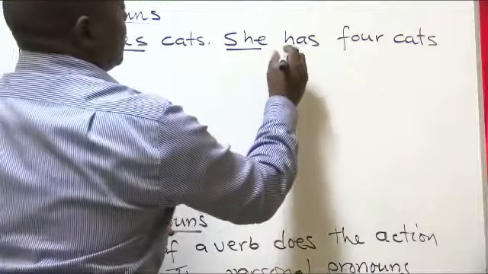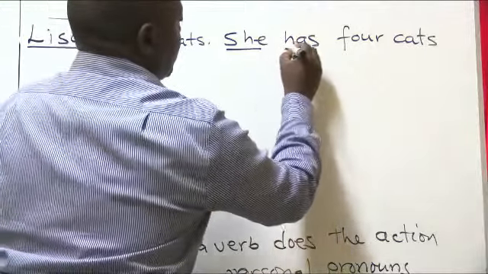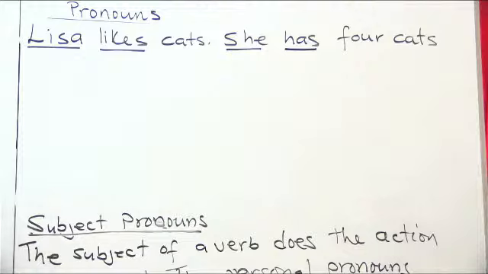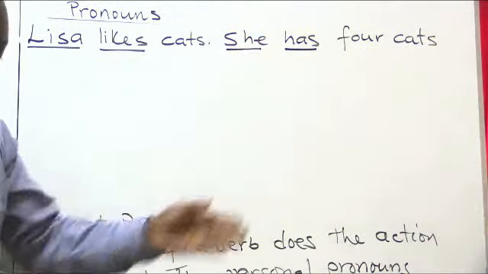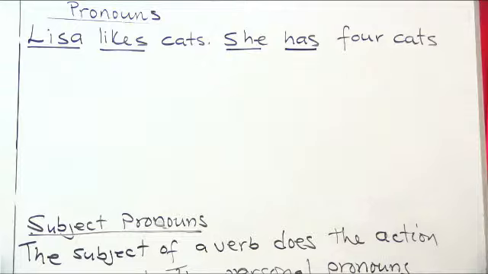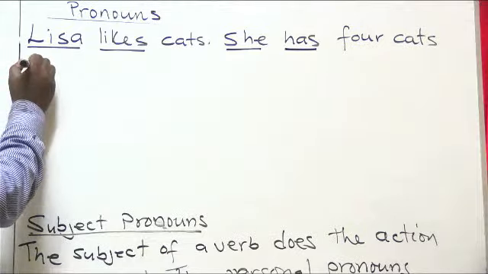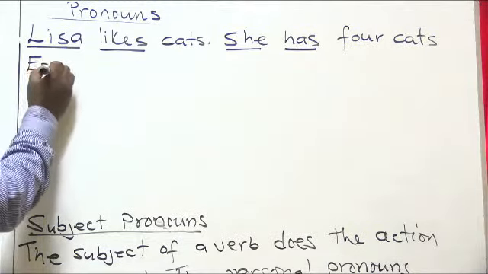The verb is has. Okay, she is the subject of has. Okay, so we'll just look at a few pairs of sentences that show personal pronouns used as subjects. Okay, so I'll just write examples.